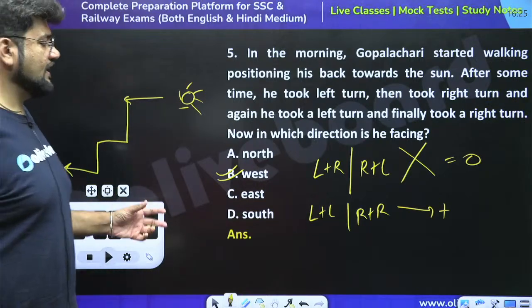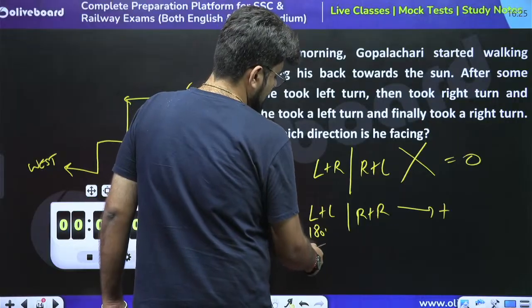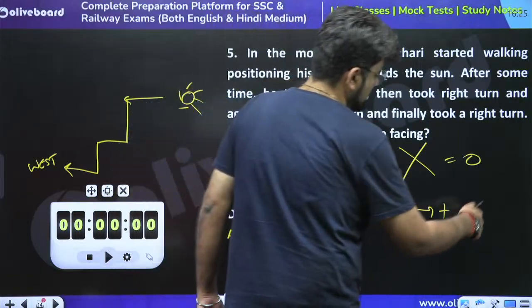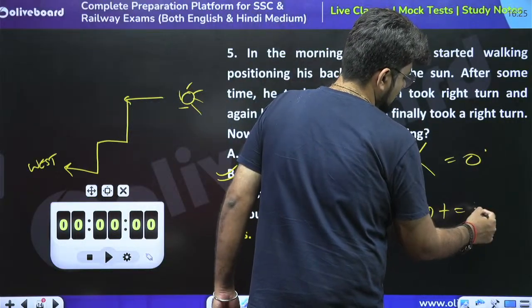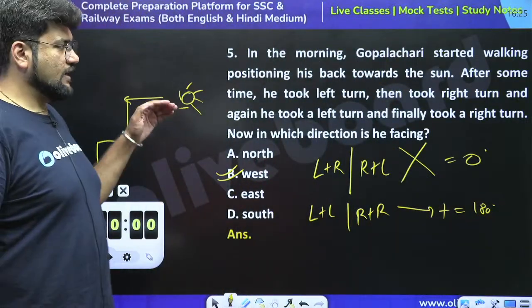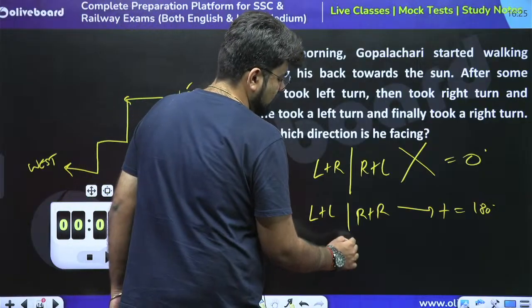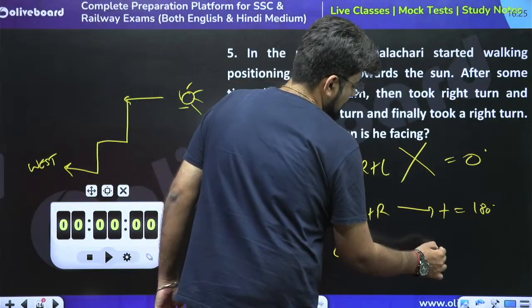So left and left means 180 degree turns. So this is 0 degree and this is 180 degree. If there is only a single left or single right, then this implies a 90 degree turn.